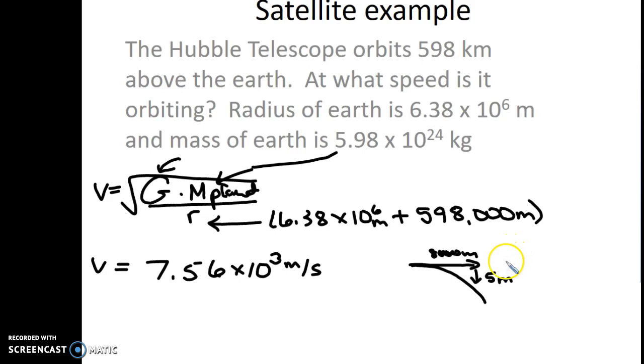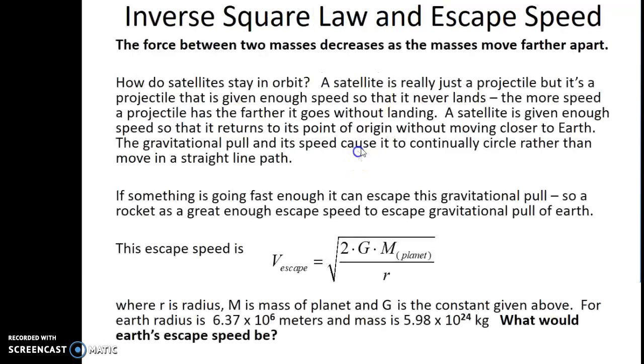If you go greater than 8,000 meters per second, you are able to put a satellite in elliptical orbit. If you want to know more about that, you take astronomy from Mr. Crittenkamp. All right, if you go too fast, though, the object, the rocket, the satellite, whatnot, will escape from the gravitational pull.